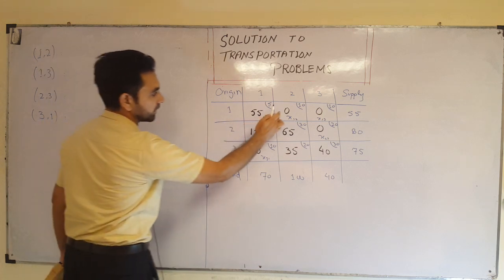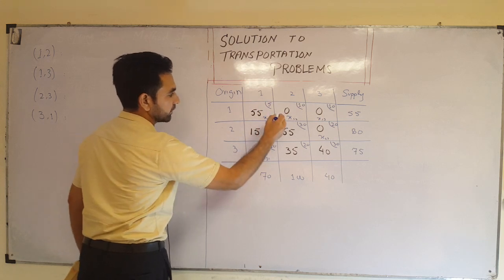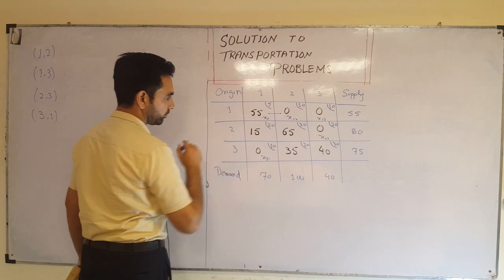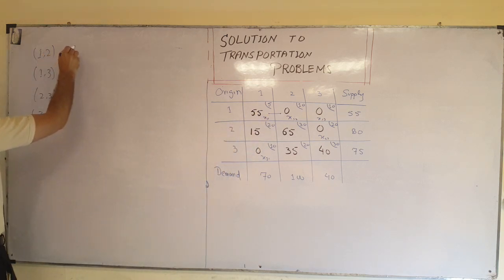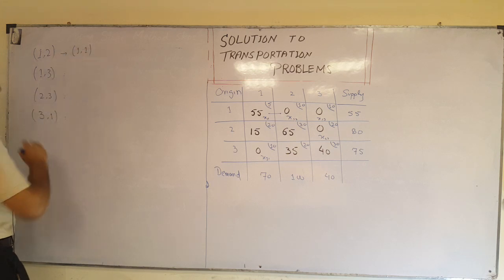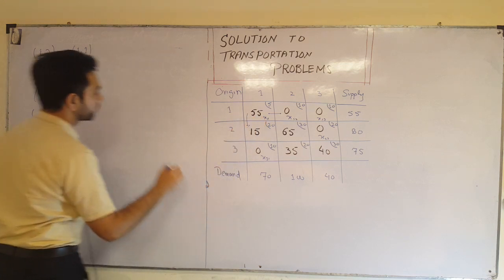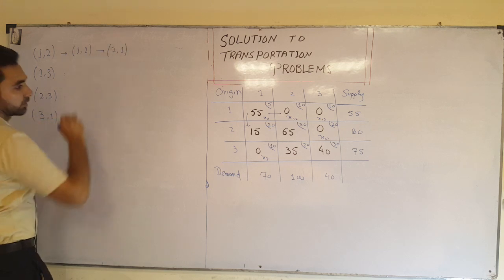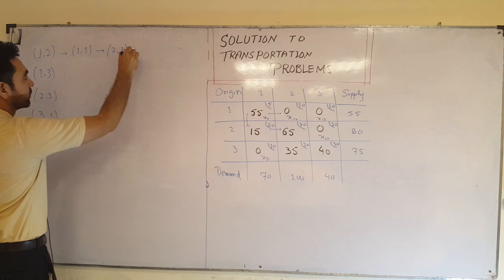So if I start from cell 1 2, I can go to 1 1. Then from this one I can go to 2 1. Now from 2 1 I can go to 2 2.